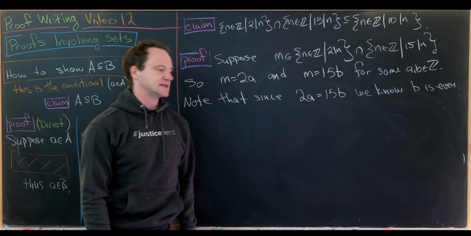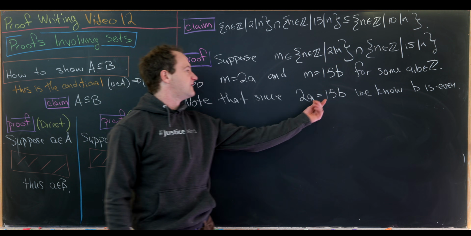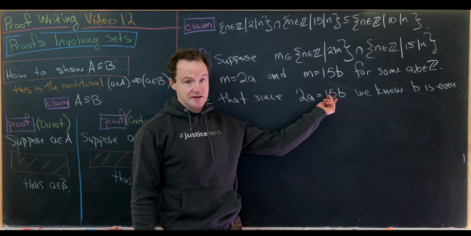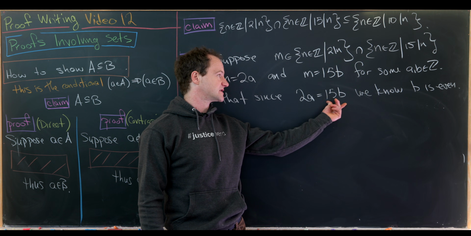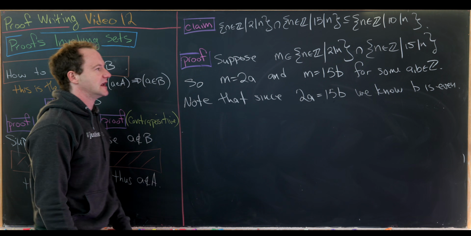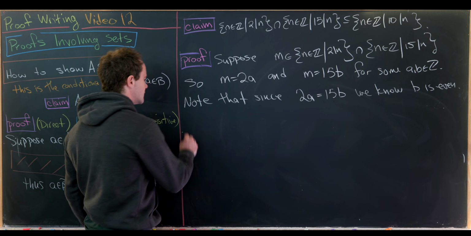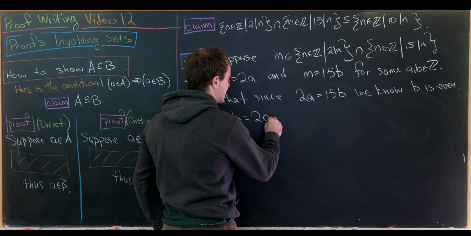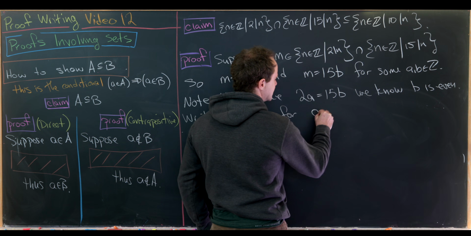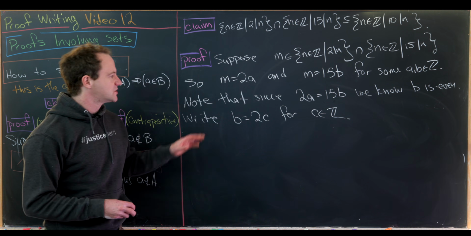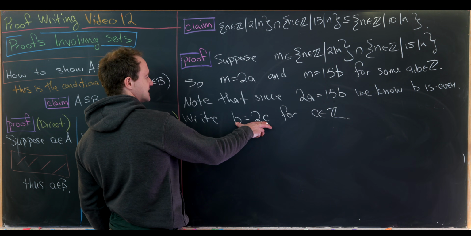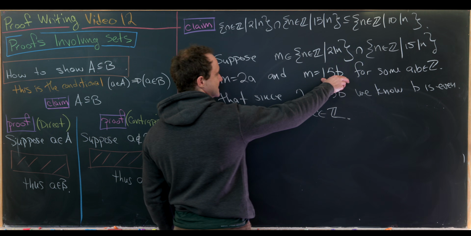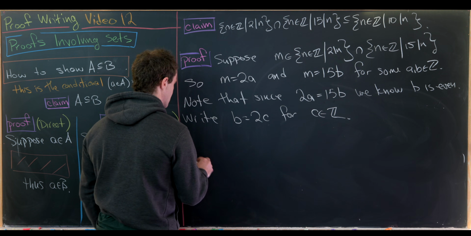That means the right-hand side has to be even. 15 is not even, which means all of the evenness on the right-hand side must be created by this number b. So now let's write b as 2 times c for some integer c.